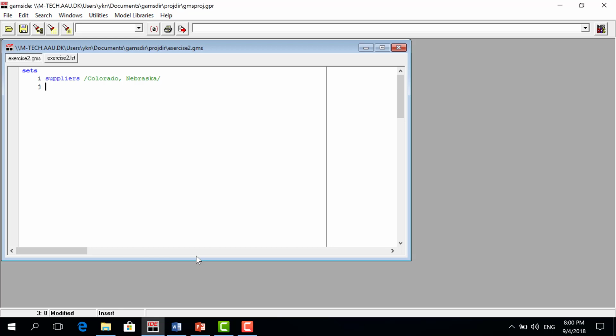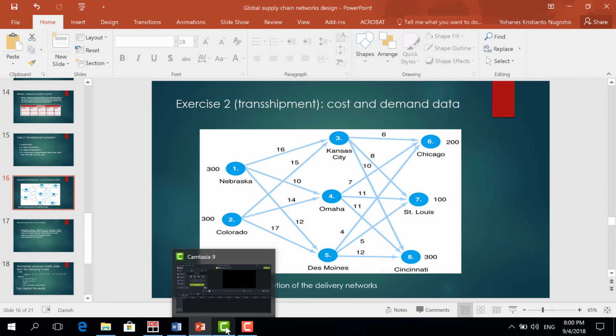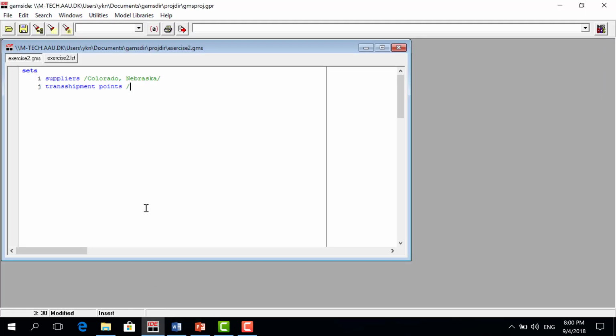We have J here. It is the transshipment point. We have Kansas, Omaha, and Des Moines. We have K, it is a final destination.